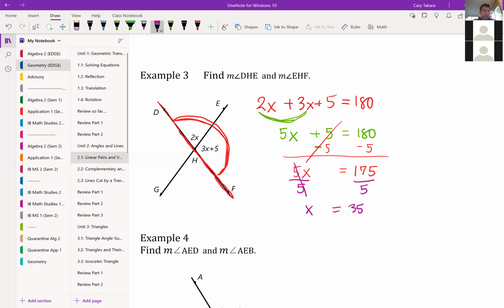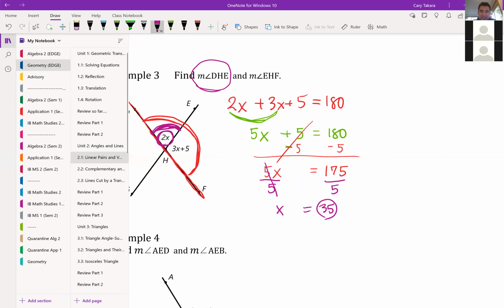Now we are not quite done yet, okay, because our question is DHE and EHF, right? So this angle DHE is 2 times x. Now what is x? X is 35, right?